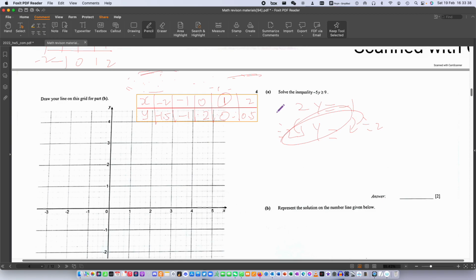Okay, good. How do you represent it? Divide. This is negative 1 point 1.8. Then you write down your negative 1.8.